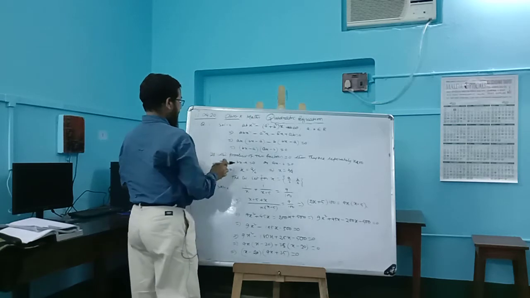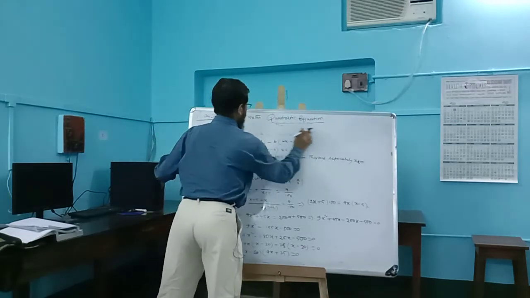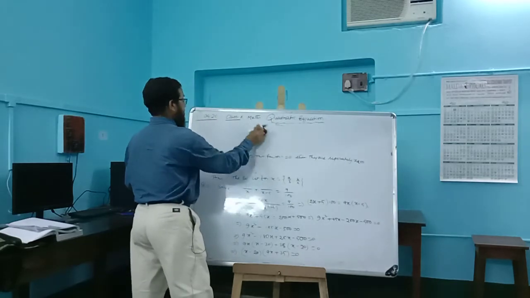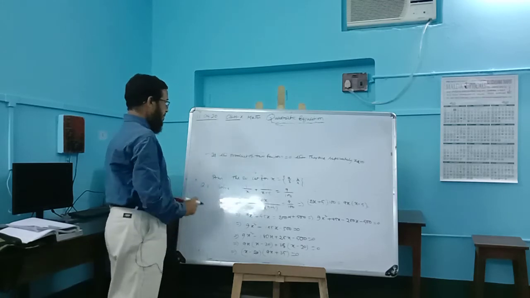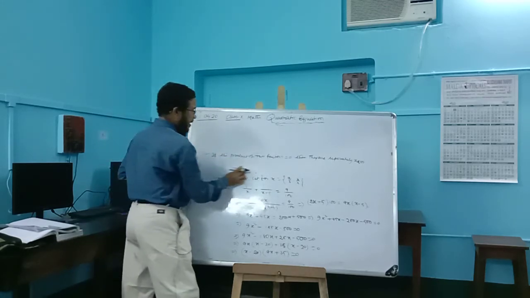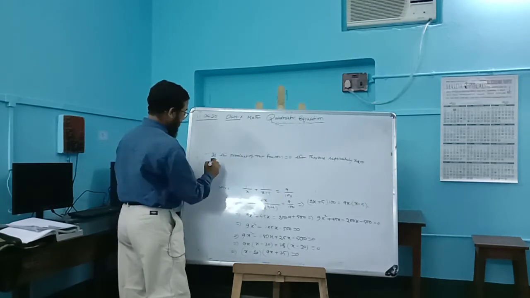Then we write this theory: if the product of two factors equals 0, then they are separately 0.